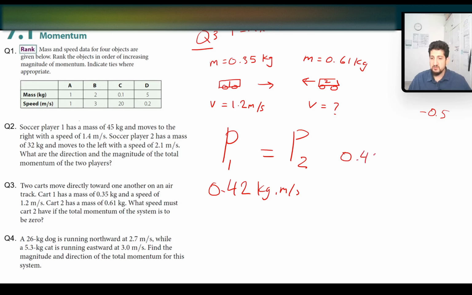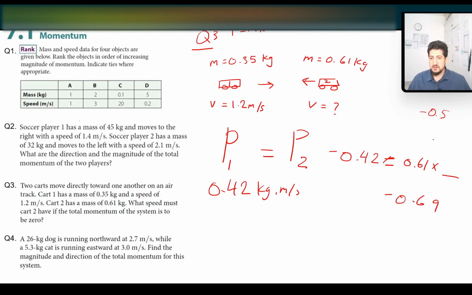So 0.42 equals 0.61 times something. The only thing I have to remember is that the momentum in this case will have to be opposite to the momentum in that case. So it's negative 0.42 divided by 0.61, and that's going to be minus 0.69.